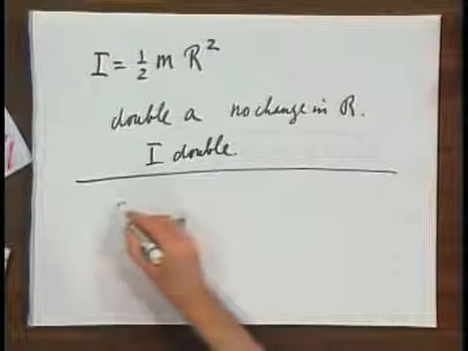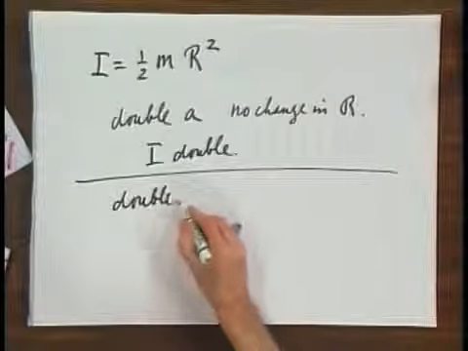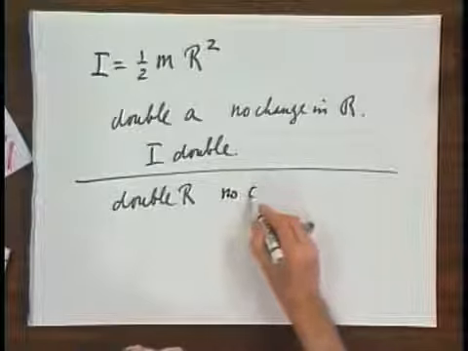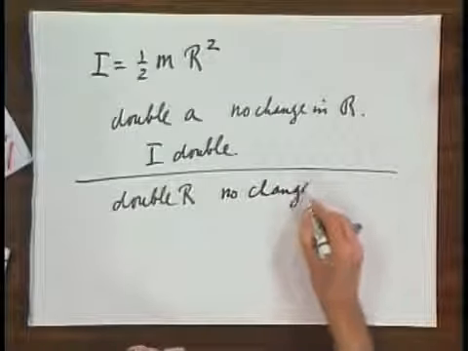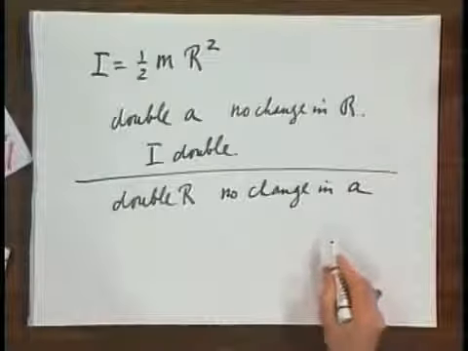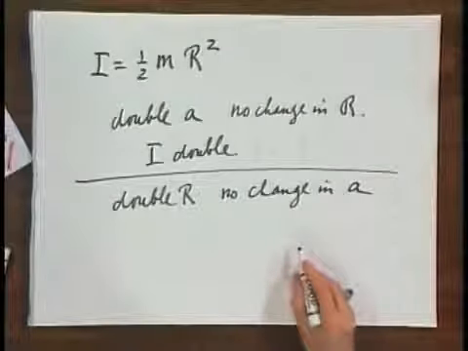Let's now take a situation whereby we double the radius R, but there is no change in a. So the disk thickness remains the same. What now happens with the moment of inertia? You have to be careful now. There are two terms. There is a mass term, m, and there is R squared.